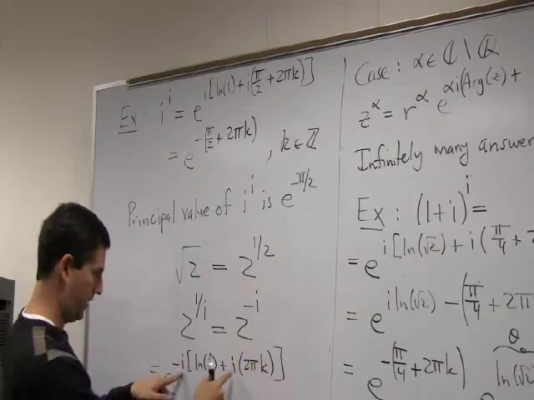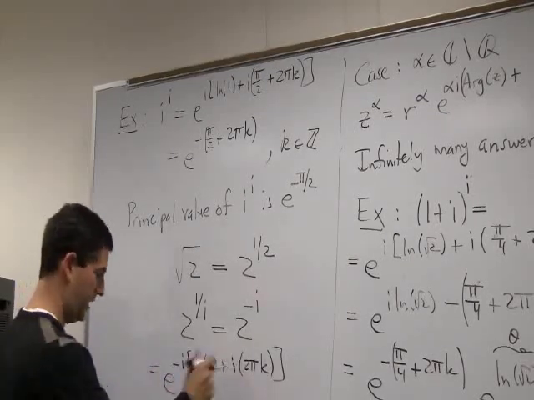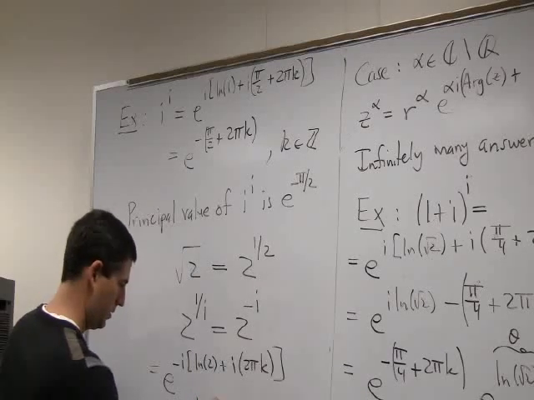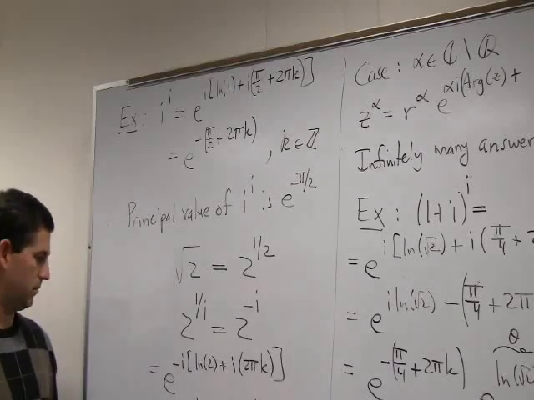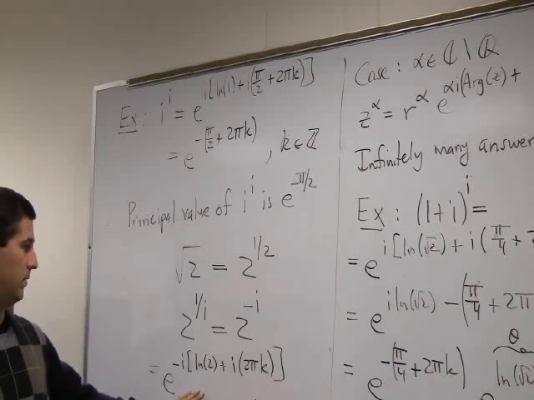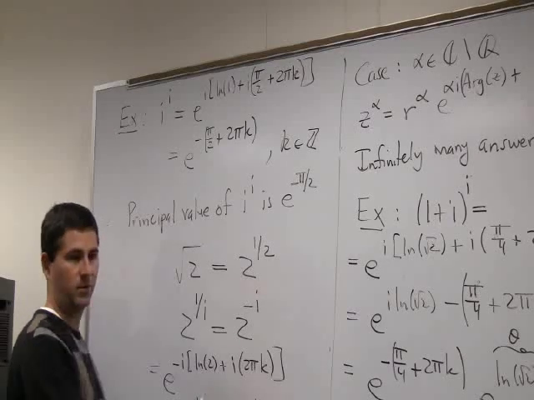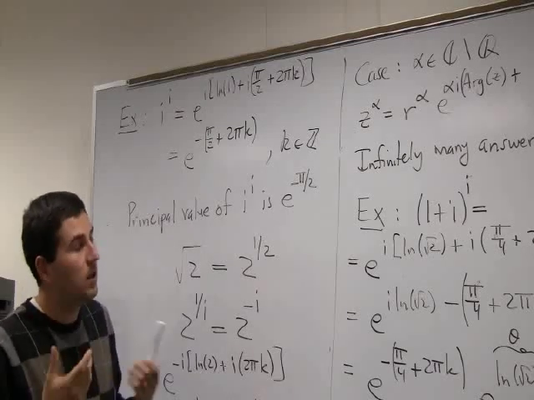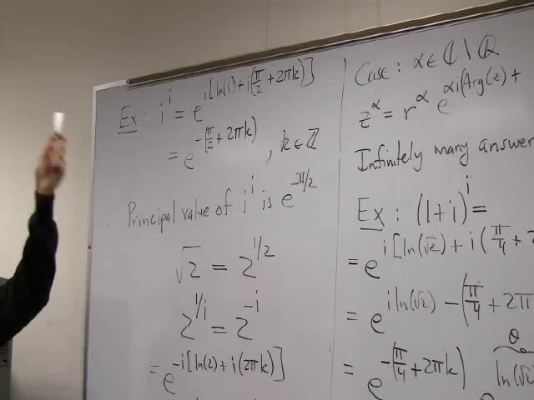So minus i times i is actually 1. So this is just e to the 2 pi k times e to the minus ln of 2 times i. So the principal value, when k is 0, this just becomes a 1. And so the ith root of 2 is e to the negative ln of 2 times i. In the end, it's not so hard to do these things. It just takes a little work to build up the definitions to do so.